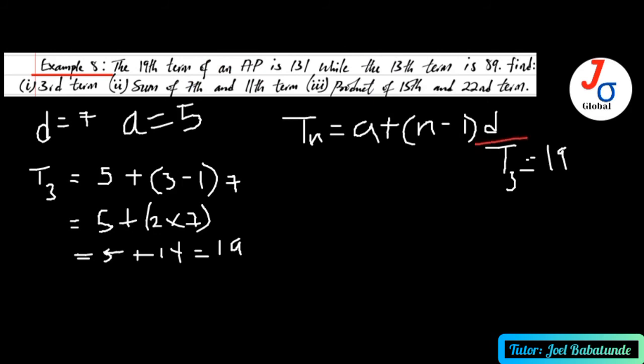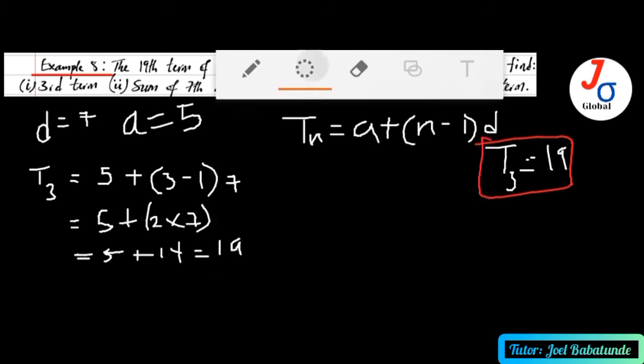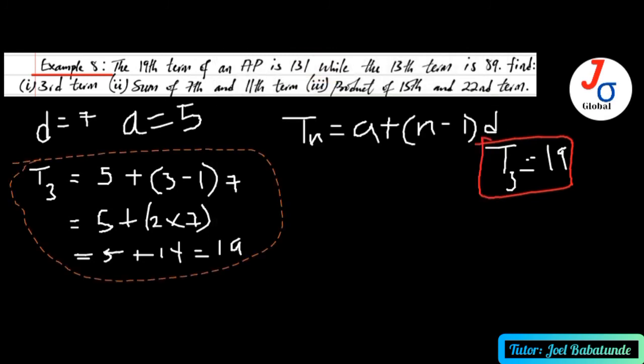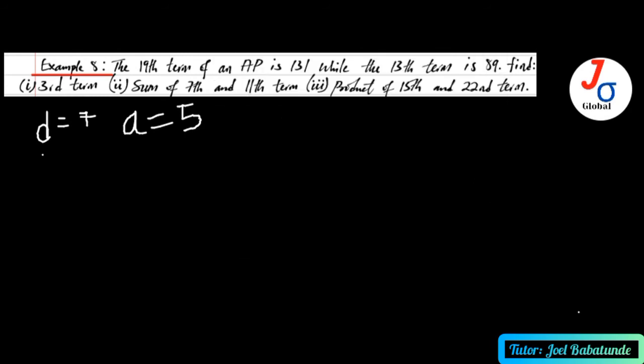Then for the sum of the 7th term and 11th term, that's T7 plus T11. We have to write our general term here: Tn equals A plus (n minus 1)D.